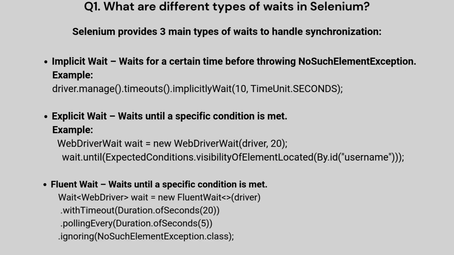Now there is the .withTimeout function, the .pollingEvery function, and also .ignoring. So it will be waiting for 20 seconds and it will poll every 5 seconds, and in that duration it will ignore some conditions, which is mentioned here as NoSuchElementException.class.